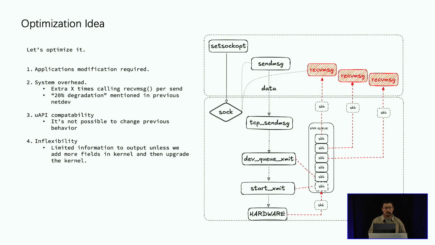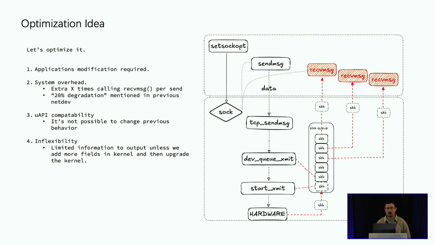It was mentioned in the earlier Netdev conf. And the third one is UAPI compatibility. I'm starting to say we still have not fixed this because of the nature of BPF. I proposed a question the day before yesterday when Alex gave a presentation. And the last one is little flexibility.